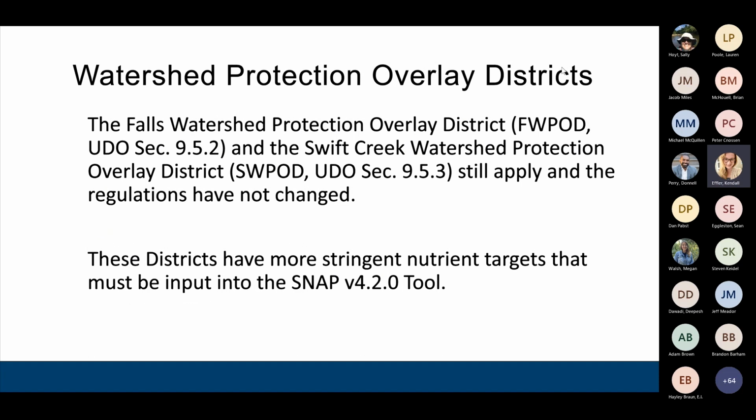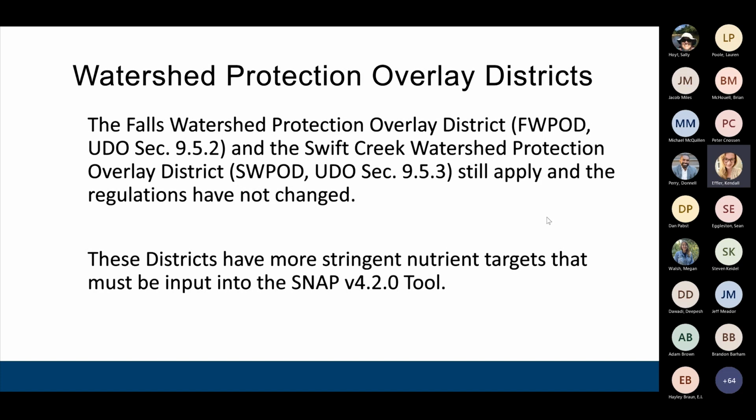And then, as many of you know, there are watershed protection overlay districts within the city that have more stringent requirements in terms of built upon area and nutrient reduction target thresholds.